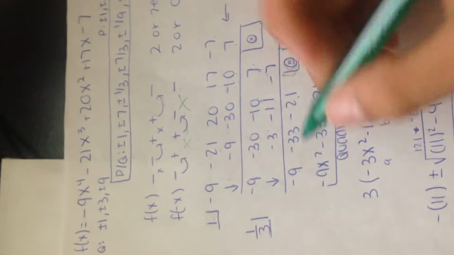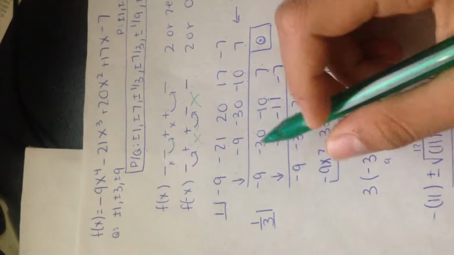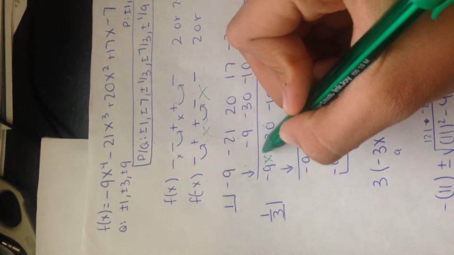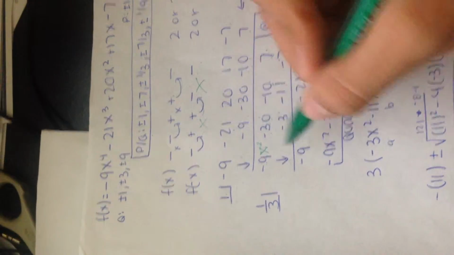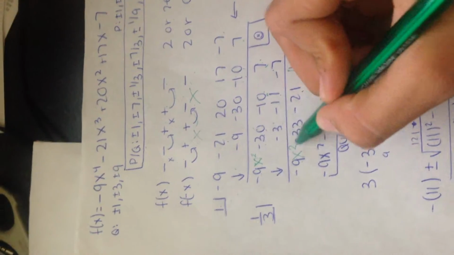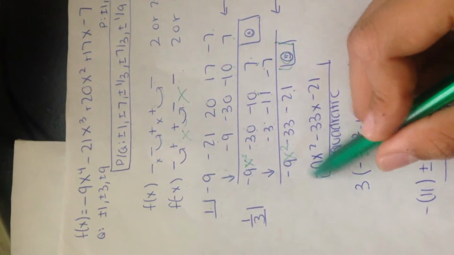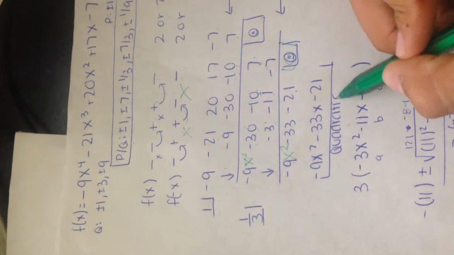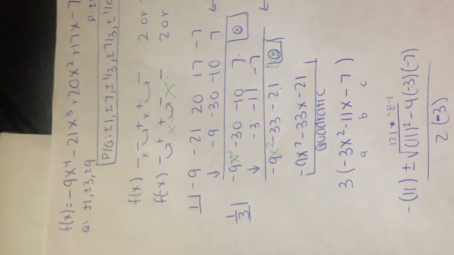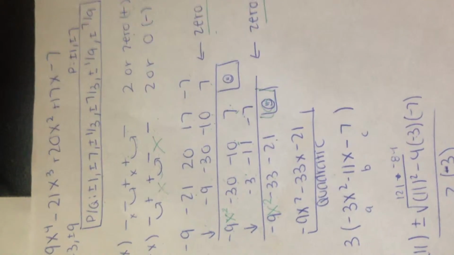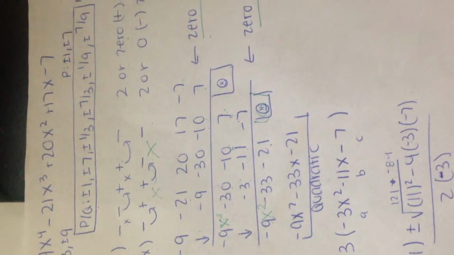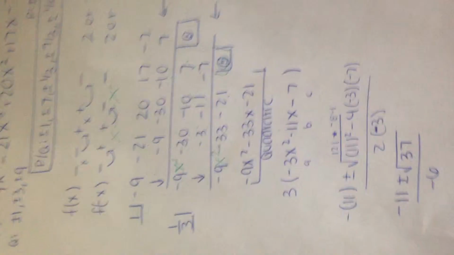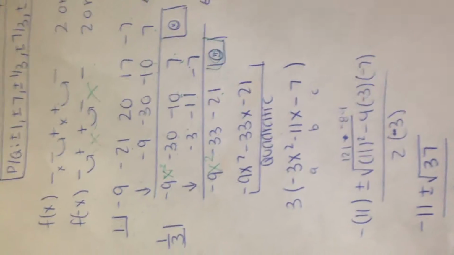Okay, and we have broken it down. So this would have been x cubed, and this is going to be an x squared. So we broke it down to a quadratic. So we could solve it from here using the quadratic formula, or the square one.